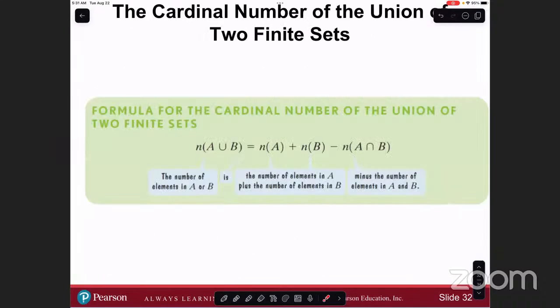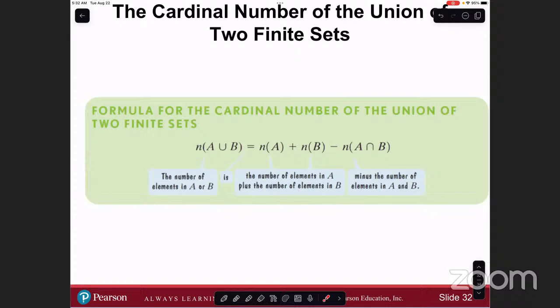Okay. So the cardinal number of the union of two finite sets. So the cardinality of A union B is going to be the cardinality of A plus the cardinality of B minus the cardinality of A intersection B, right? So when we consider A union B, we're taking all the elements of A and combining them with all the elements of B. The trouble is if we just say the number of elements in A plus the number of elements in B, there are some elements that are counted twice, right?